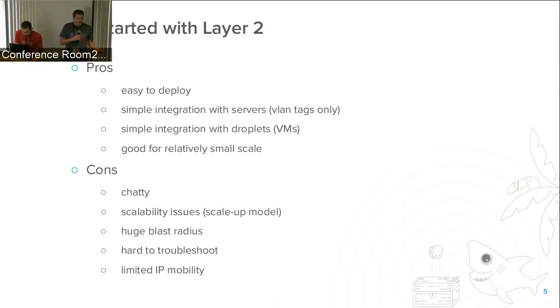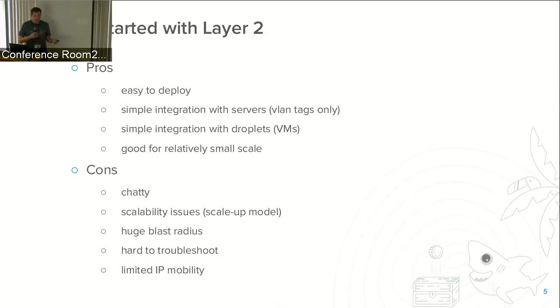So we started with layer 2. DO has been going since about 2012. We started with a big layer 2 network. And why not stick with that? There's pros and there's cons. With the layer 2 network, the pros are it was super easy to deploy. Pretty much everything speaks layer 2.